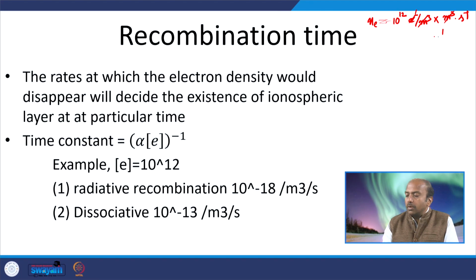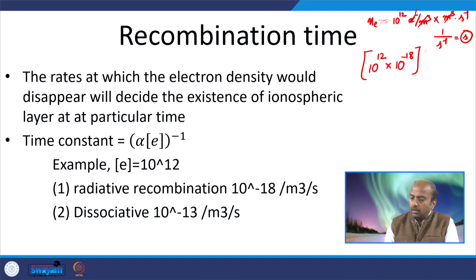So, whatever is 1 by second inverse, which is in the units of seconds. So, here the calculation is simple, 10 to the power of 12 into 10 to the power of minus 18 taken inverse, right. So, this is 10 to the power of 6 seconds, which process is this? Radiative recombination. So, this is 10 to the power of 6 seconds, right.